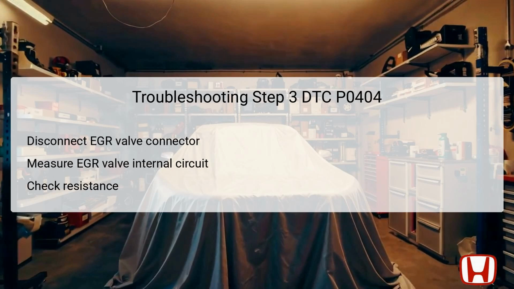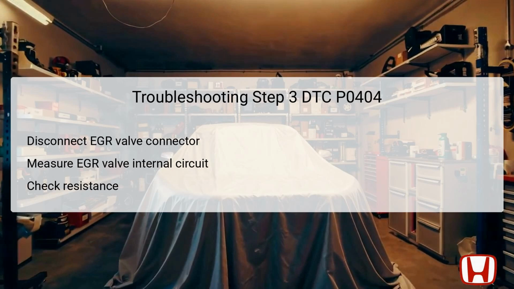In troubleshooting step 3, ensure the vehicle remains in the off/lock mode, followed by another disconnection of the EGR valve 5P connector. Measurement of the EGR valve's internal circuit is crucial in diagnosing further complications.